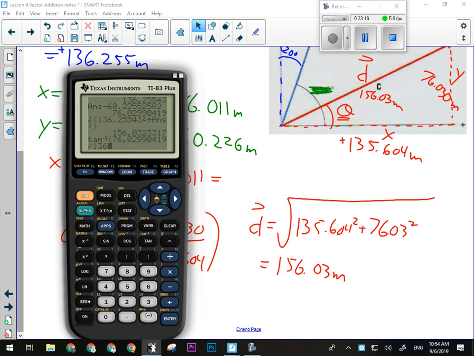Did I type in a number wrong here, guys? I did. Nobody stopped me. It should be 135.604. I don't know where that number came from.